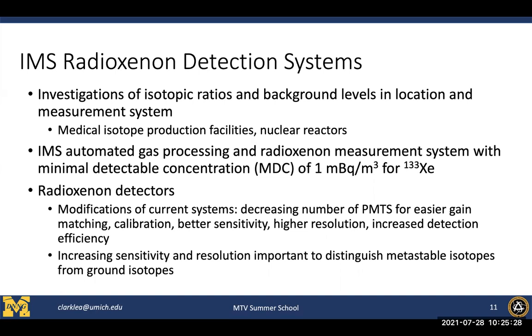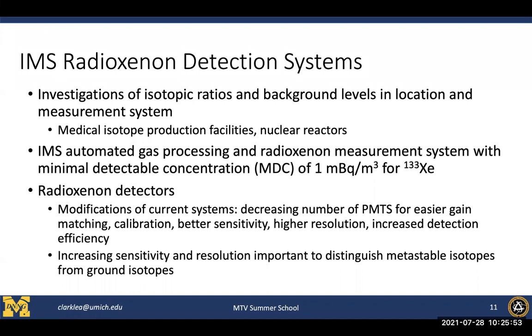But the main goal of these detection systems is to investigate, again, these isotopic ratios and these background levels that we get in locations where there might be nuclear events. So again, we have certain types of facilities, like medical isotope facilities or nuclear reactors, that produce xenon as well.